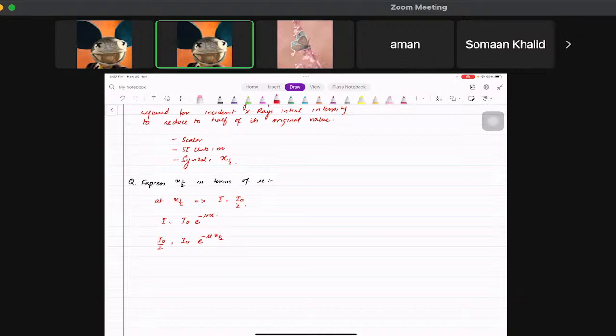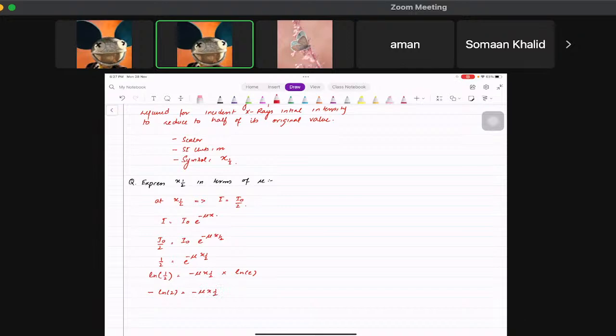We are left with half equals e to the minus mu x half, and then you can take ln on both sides. So if you take ln, this will be minus mu x half multiplied by ln of e. This can be written as minus ln of 2. ln e you guys know already, it's just 1.